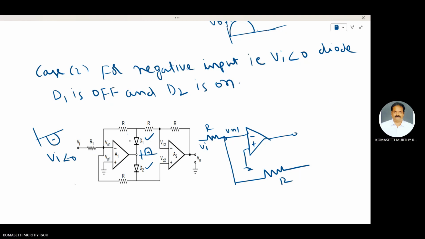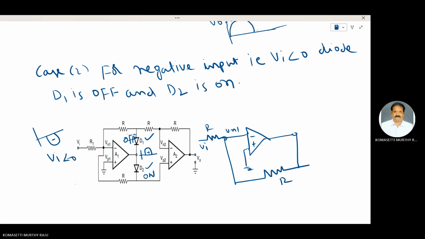Here D1 is off, D2 is on. D1 is off and D2 is on. The simplified diagram is like that. This R is connected like that.